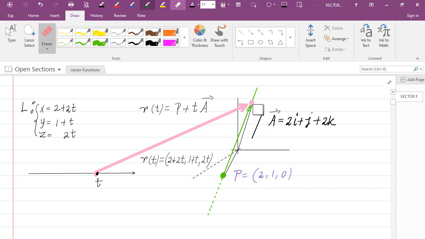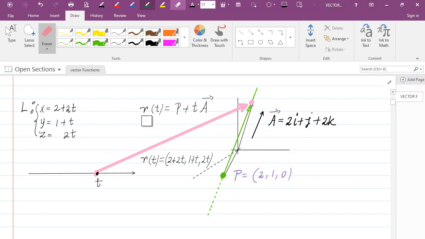So the position vector of the pink point, that is the vector from the origin to the pink point, is the same as the position vector of P, that is the vector from the origin to P, plus the green vector. But the green vector is parallel to A, so the green vector is a multiple of A. So let's say the green vector is t times A. So if I add P to the green vector, which is t times A, that's going to give me the position vector of the pink point.